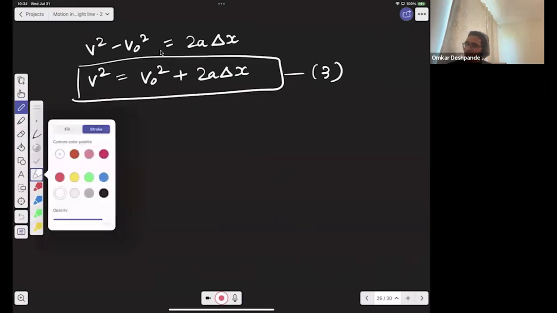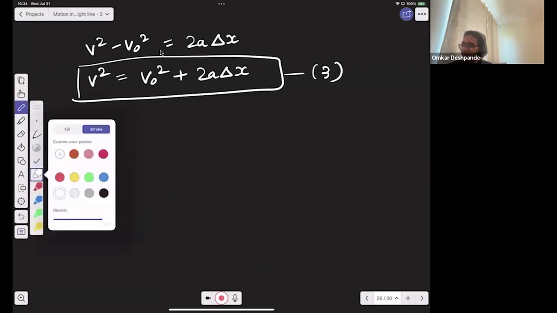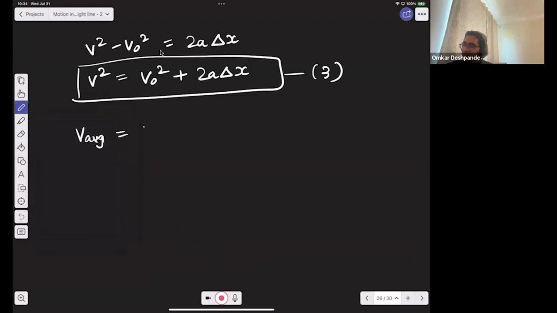Sometimes there is a fourth equation. This is not very important, for the average velocity. So average velocity, when you have uniformly accelerated motion, is going to be what? Well, the definition of average velocity is delta x by delta t. Now delta x is v0 t plus half at square, right? And delta t is actually t because we are measuring time starting from t equal to 0.